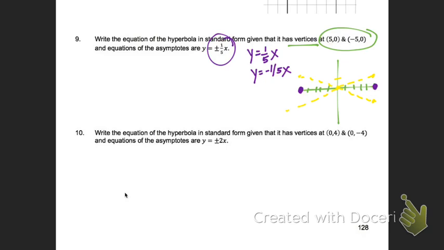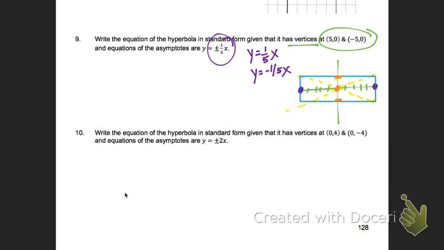Then my rectangle is going to look something like this. Isn't that beautiful? Where I've gone left and right 5 from my center. But how many have I gone up and down? Just 1, because I went up 1 over 5 and then down 1 over 5.